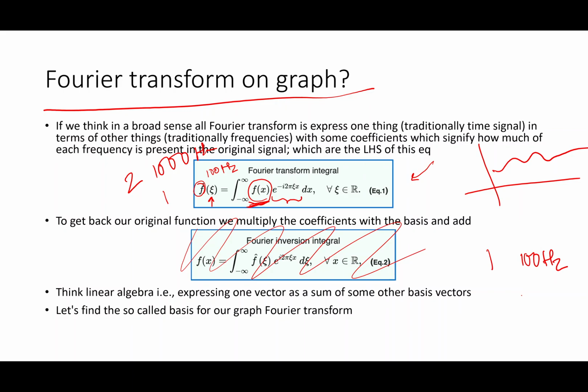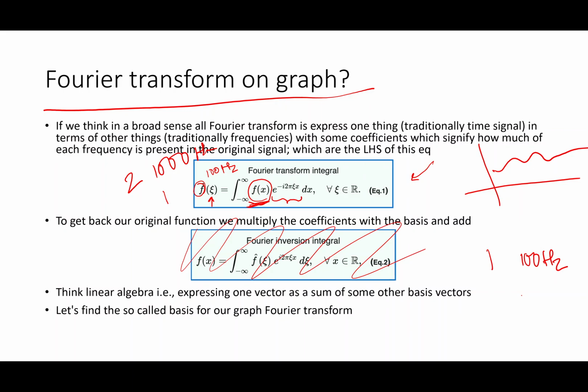What initially was time t, we're going to express now in terms of frequencies, because that's just another basis, and then we can go back from that basis to time basis, because this is just linear algebra. So that's what this point says. Think linear algebra, that is expressing one vector, here f of x, as a sum of some other basis vectors. So okay, now we have some high level idea.